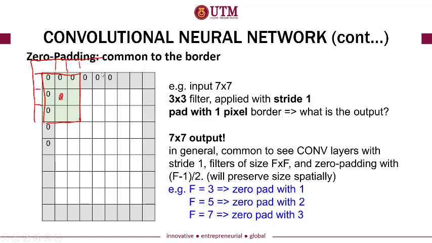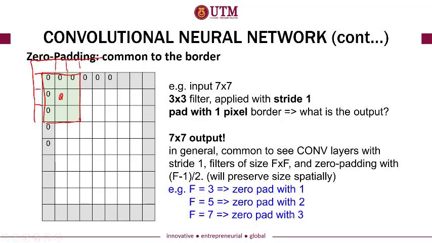You must enlarge your input with 2 pixels border. If you consider a 7 times 7 filter, then you must set your padding width, or enlarge your input matrix, with 3 pixels border. So that is how it looks like.